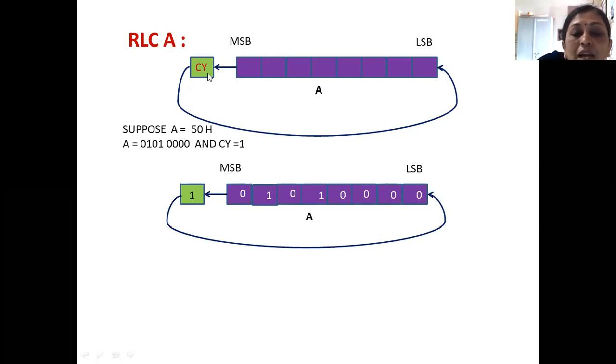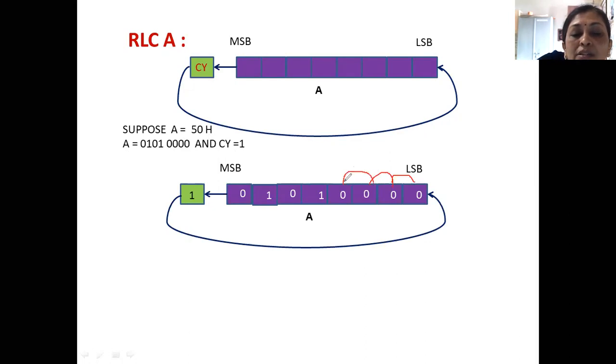What will happen here? This 0 will go to the next position, isn't it? This will go to the next position, and again this will go to the next position. Now this 1 will go to the position of 0, and this 0 will go to the position of 1.